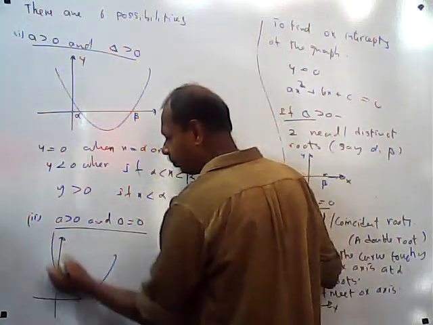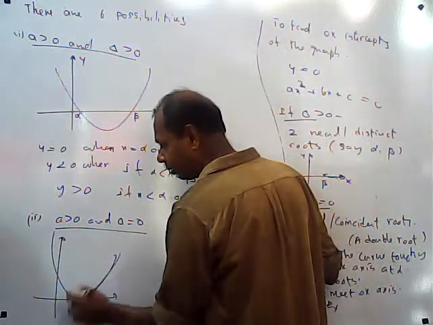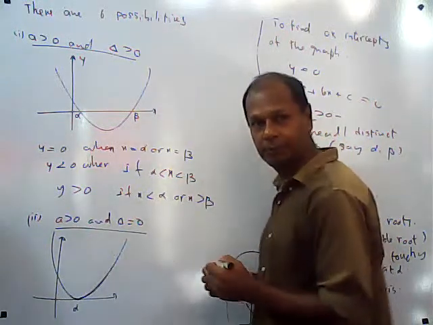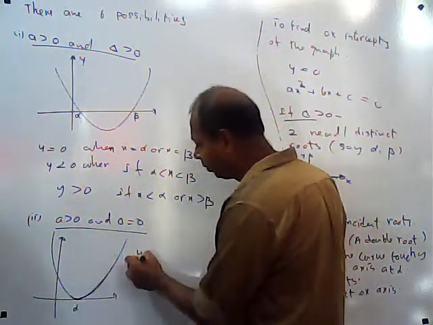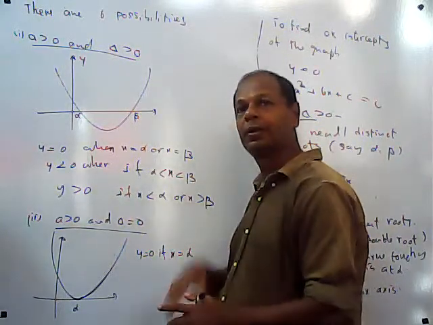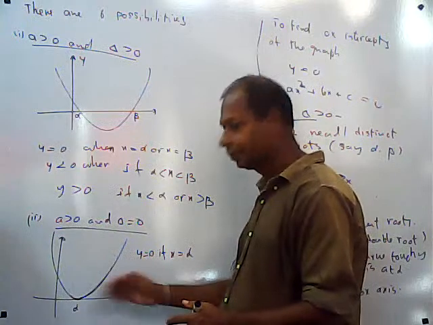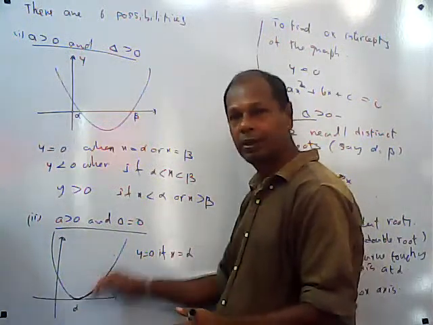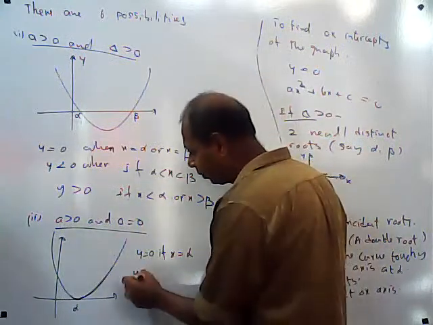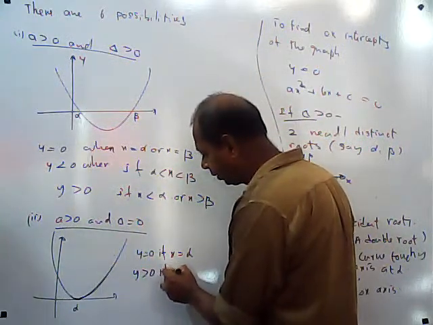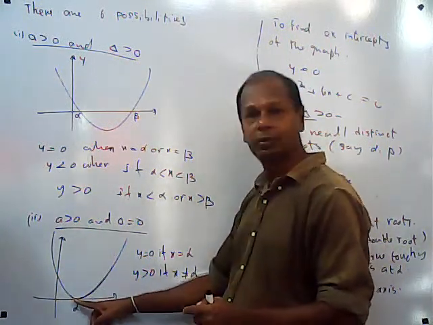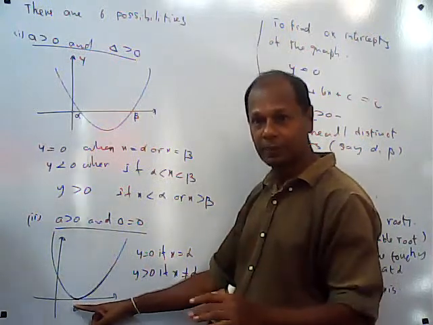With the minimum, it touches the x-axis at alpha. So y is 0 if x equals alpha. Elsewhere, y is greater than 0. It's never negative, right? Y is greater than 0 if x is not equal to alpha. It is only greater than 0 and equal to 0. No less than 0, right?